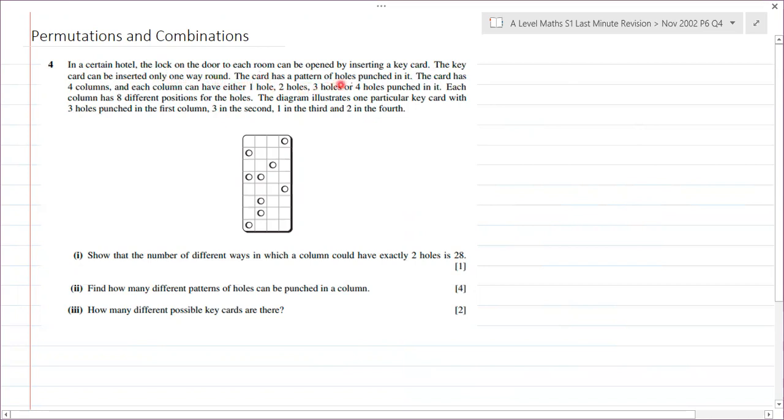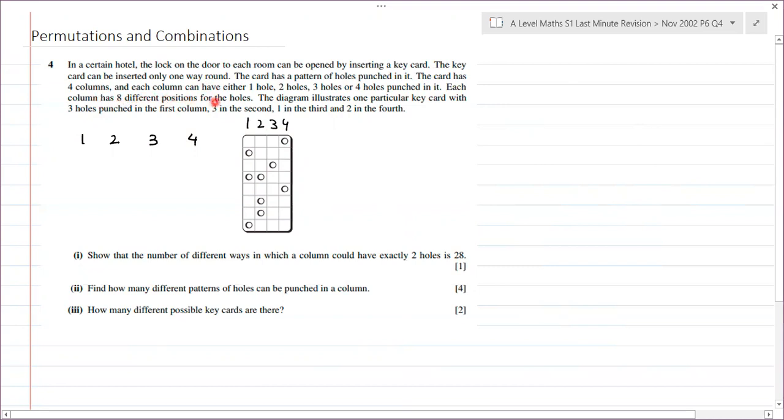The card has a pattern of holes punched on it. The card has four columns, and each column can have either one hole, two holes, three holes, or four holes. So you have four columns over here, and each column can have either one, two, three, or four holes punched on it.